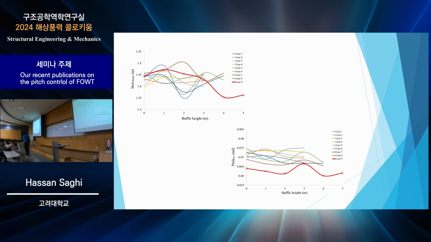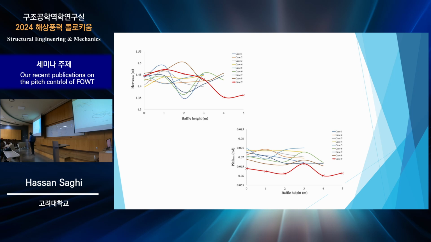In these figures you can see we compare different cases, case 1 to case 9, and the x-axis is the baffle height: 0, 1, 2, 3, 4, 5 meters. Here is the maximum pitch, and here is the maximum heave.